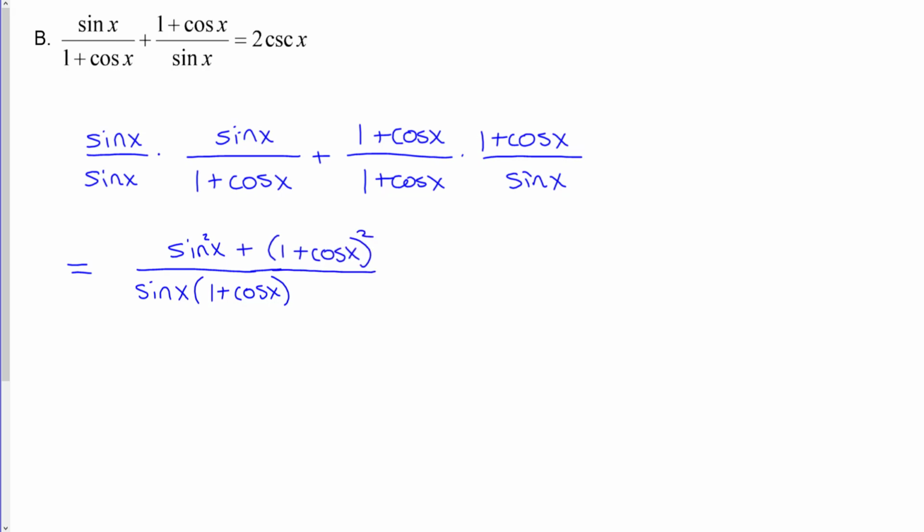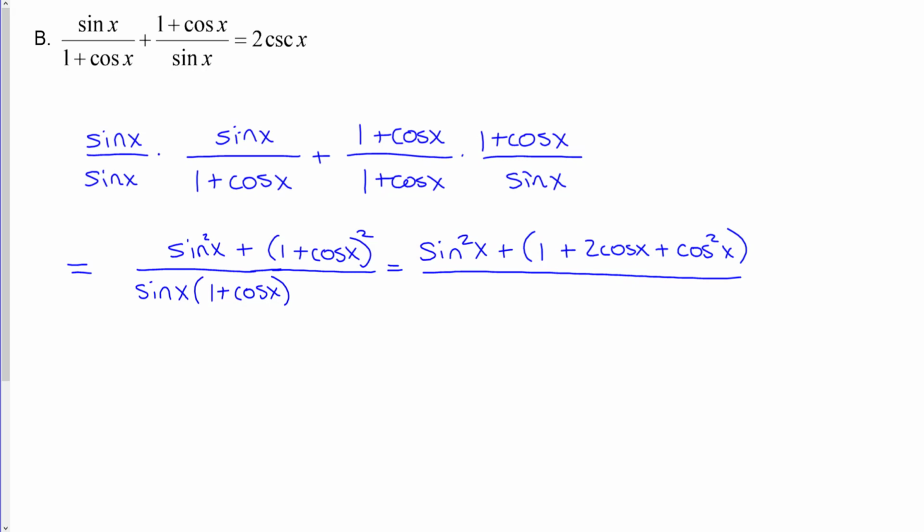And now it's over the same fraction. Okay, now sine squared x I'll leave alone for a minute, but I can FOIL out 1 plus cosine x quantity squared. So that would be 1 plus 2 cosine x plus cosine squared x. And if you aren't sure of that result, you can always just work through the details of FOIL, but that's what you'll end up with.